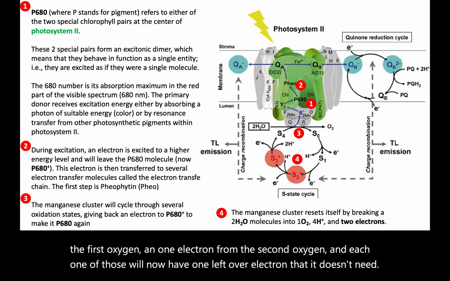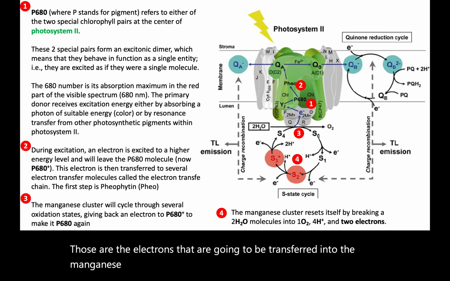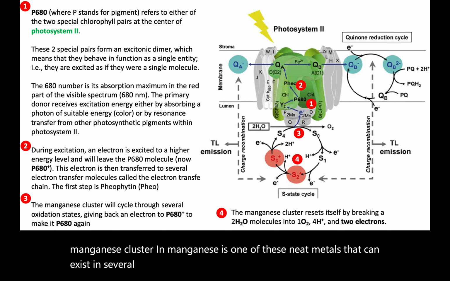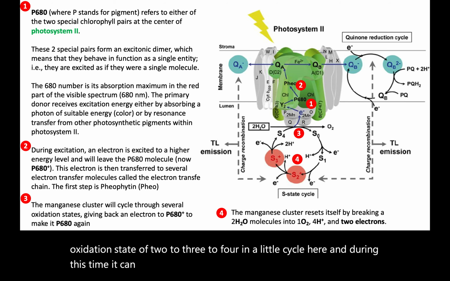Those are the electrons that are going to be transferred into the manganese cluster. And manganese is one of these neat metals that can exist in several different oxidation states. And so it's going to go from an oxidation state of 2 to 3 to 4 in a little cycle here. And during this time, it can actually supply electrons to P680.